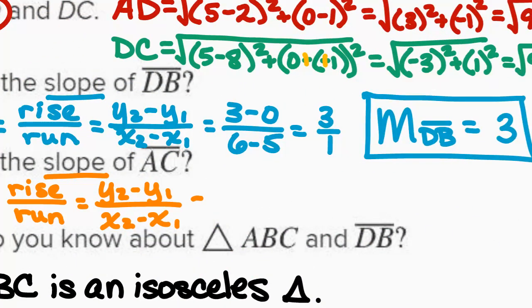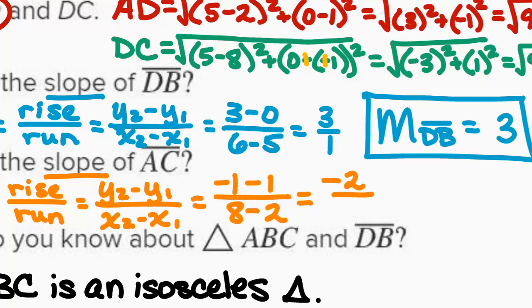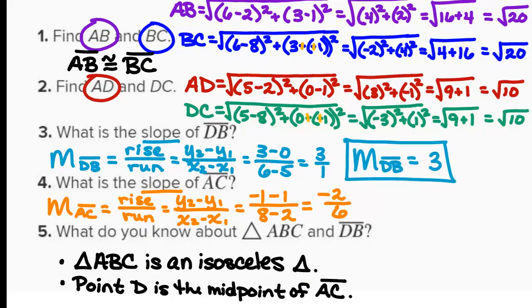So in my numerator, it's y2 minus y1. y2 is negative 1, minus y1. y1 is 1. Over x2, that's going to be 8, minus x1, which is 2. So in my numerator, I have negative 1 minus 1, which is negative 2. In the denominator, I have 8 minus 2, which is 6.